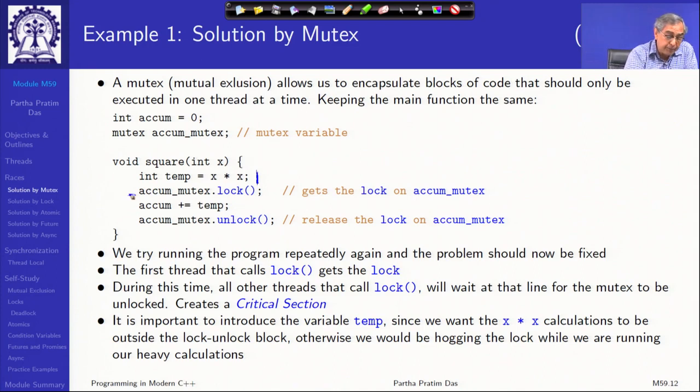Whereas, the critical section part will necessarily be serialized. That is, at any point of time, only one thread will be able to add the product of x into x to the accumulator. So, this will ensure that the problem that we had seen earlier, that the old value of an accumulator is being read and being updated, will not arise.